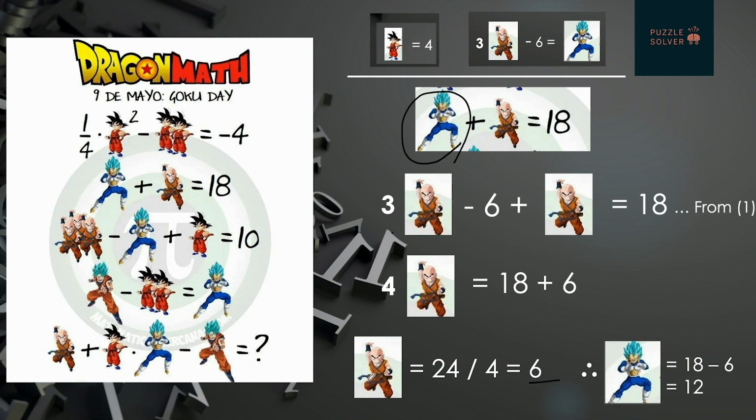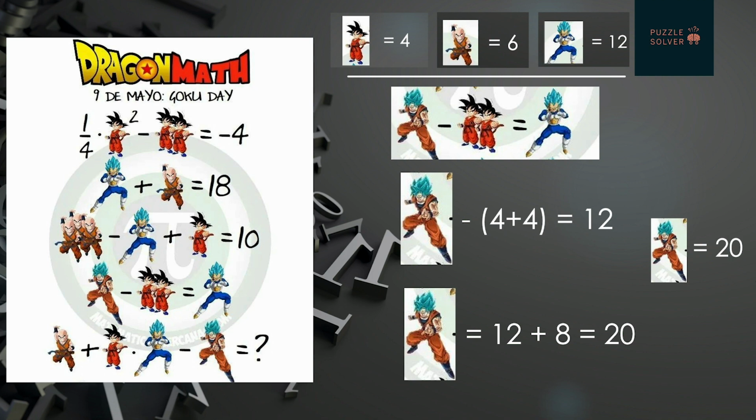So putting this Krillin value in our equation 1 and solving to get the value of Vegeta. So Vegeta will be equal to 3 into 6, 18 minus 6, is equal to 12. Now we have 3 cartoon characters' values: 1 Gohan is equal to 4, 1 Krillin is equal to 6 and 1 Vegeta is equal to 12. Now jumping on to our fourth equation.